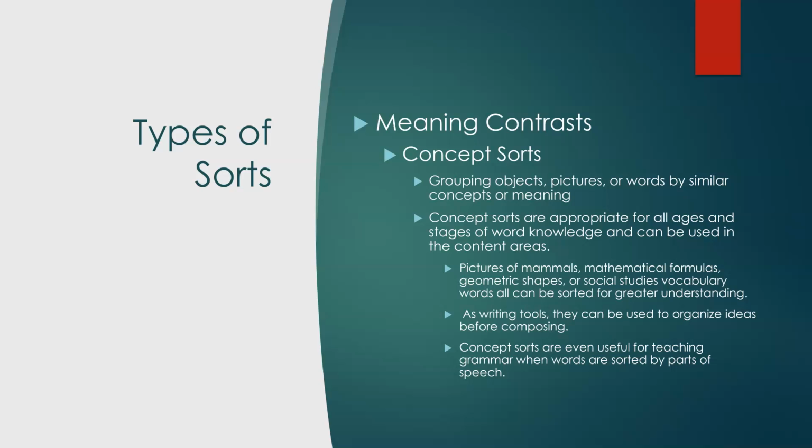So pictures of mammals, mathematical formulas, geometric shapes, or social studies vocabulary words all can be sorted for greater understanding. And as a writing tool, they can be used to organize ideas. So concept sorts are even useful for teaching grammar when words are sorted by the parts of speech, nouns, verbs, adjectives, things of that nature.